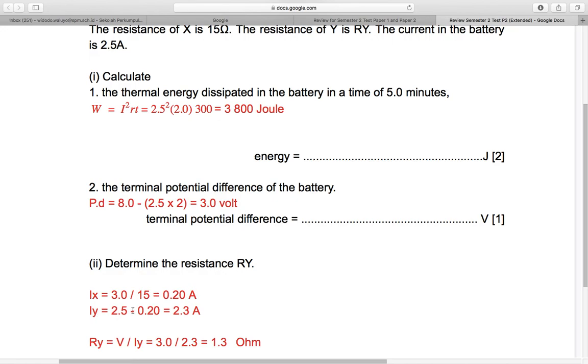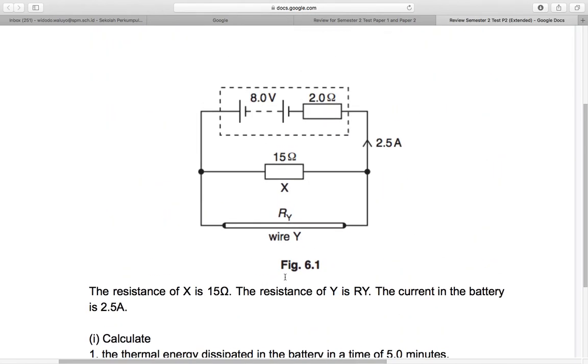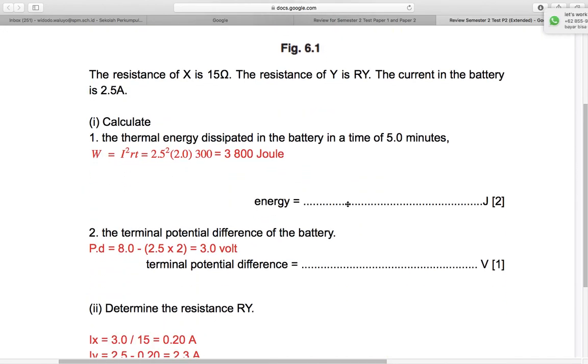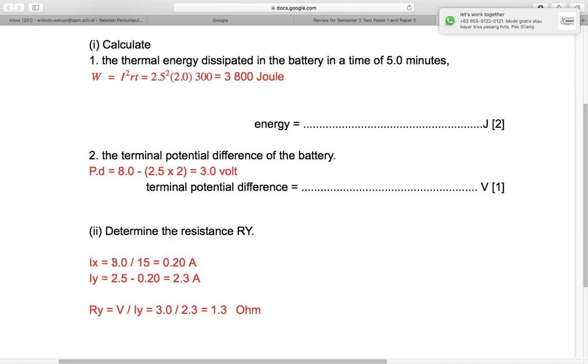Iy is 2.5 minus 0.2, because 2.5 comes into the junction here and splits two ways: Ix as 0.2 and Iy. So Iy equals 2.5 minus Ix, which is 2.5 minus 0.2, so Iy is 2.3.